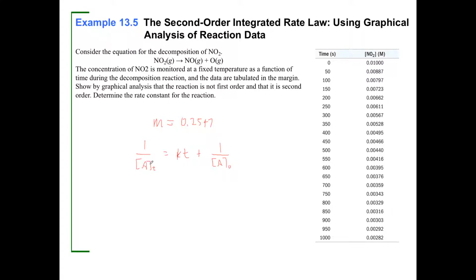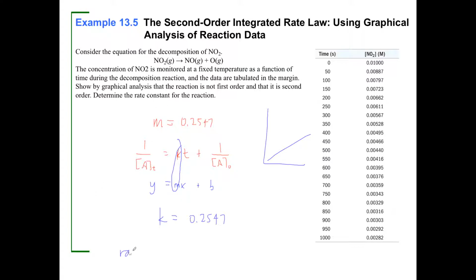All right, and so it looks like my slope is k. I'm pretty sure I got my negatives right this time. Remember, the graph was going up like that. That's a positive slope. And k is positive, so k is going to be 0.2547.